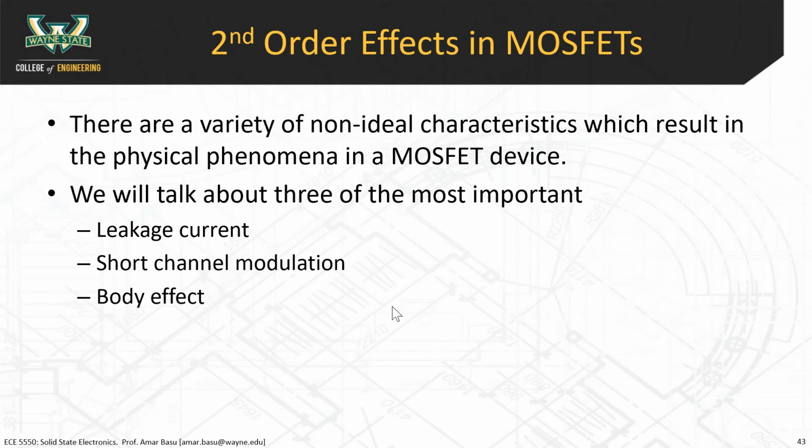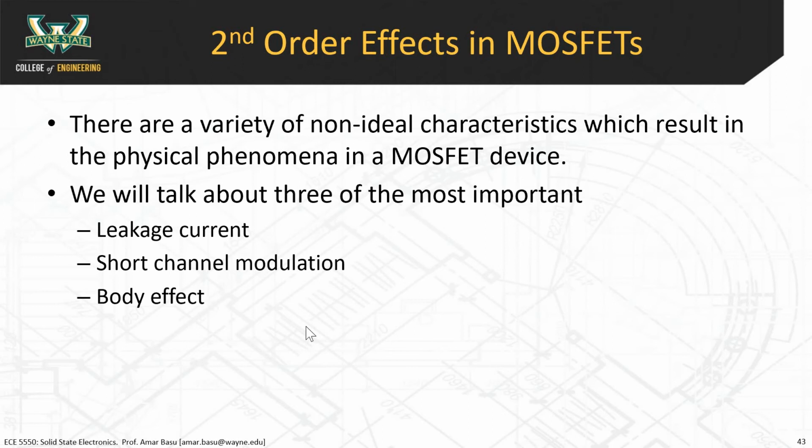All right, let's get into the second order effects in the MOSFETs right now. There's a variety of non-ideal characteristics that come about in a typical MOSFET device. We're going to talk about a handful of them. The leakage currents, short channel modulations, and then the body effect.